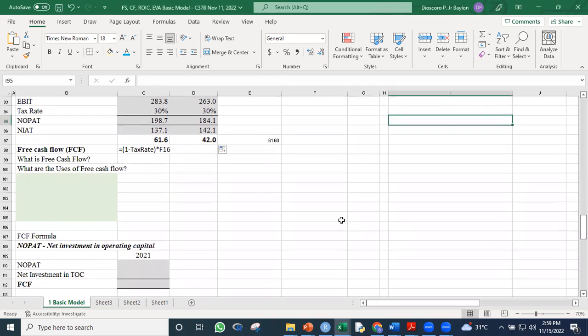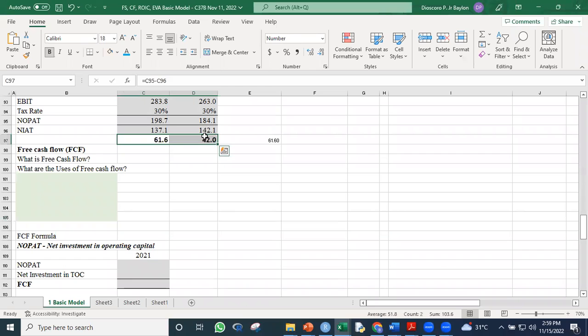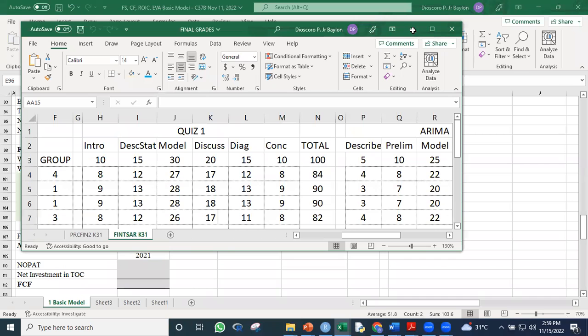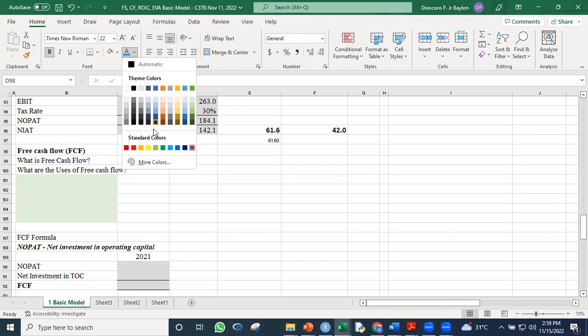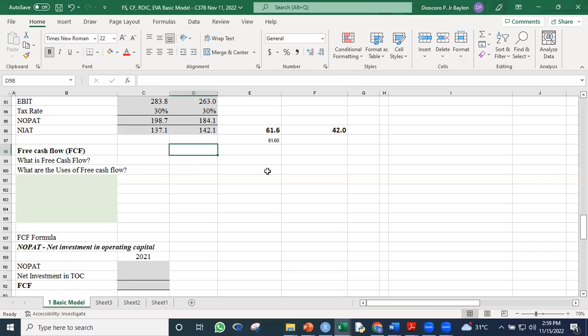So the next one is free cash flow. What is free cash flow? So we'd like to define what free cash flow is.